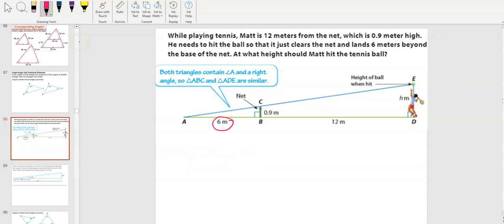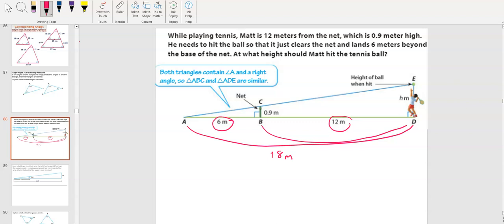So I know this is 6 and I know this is 12, and that's just from B to D. So from A to D, the total length is 12 plus 6, which is 18 meters. So the base of the large triangle is 18 meters, and the base of my small triangle is 6 meters. So I am going to go big compared to small, and 18 divided by 6 is 3.